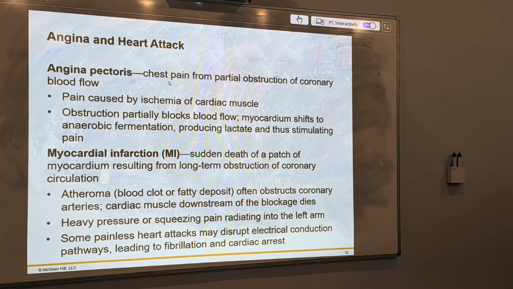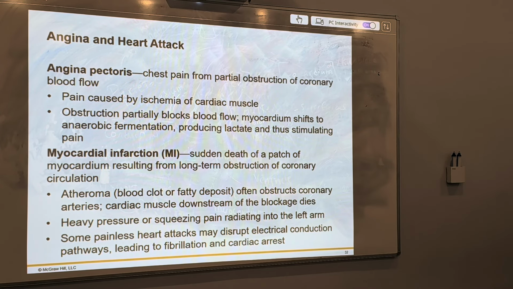Angina pectoris is chest pain from partial obstruction of the coronary blood flow. It's caused by ischemia, meaning there is an obstruction and blood is not getting to the muscle tissue.